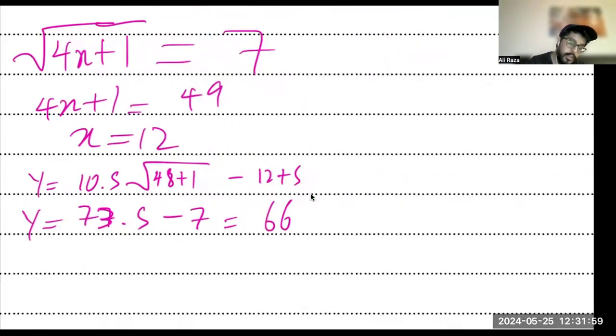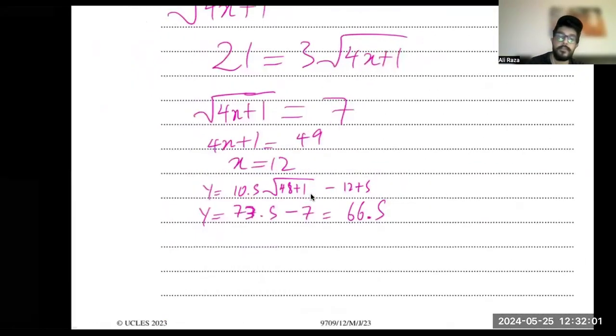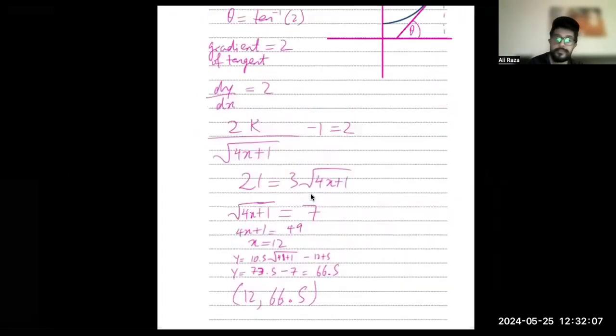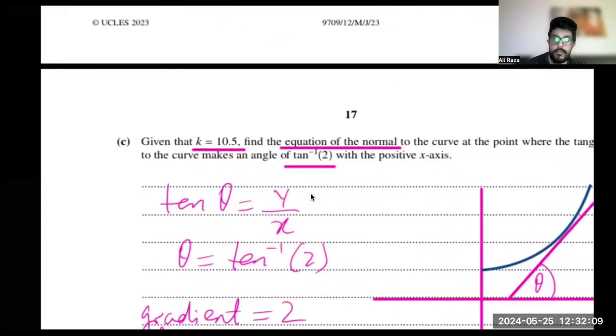We have the y coordinate as 66.5, so 12 comma 66.5.